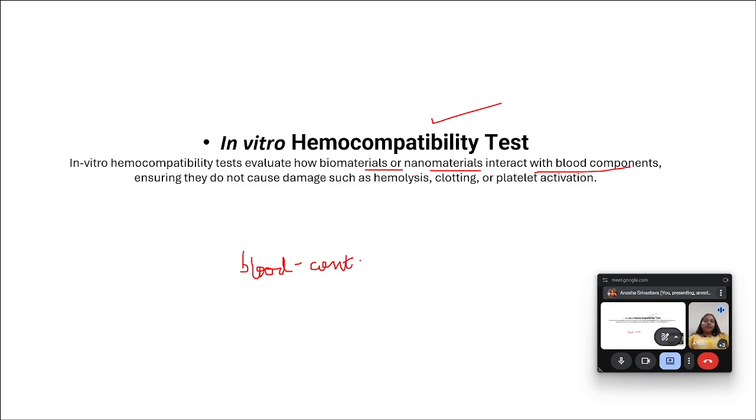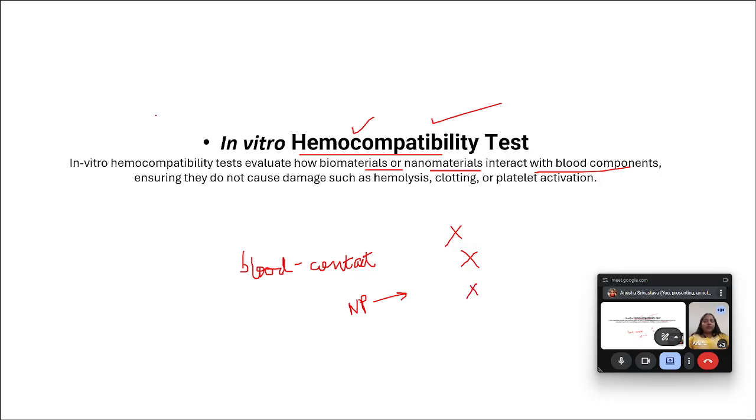Now, one important thing is, whatever nanoparticle or nanomaterial you have made, it should be hemocompatible. It should not cause blood clotting. It should not lead to RBC lysis. There should be no agglomeration happening. There should be no coagulation.